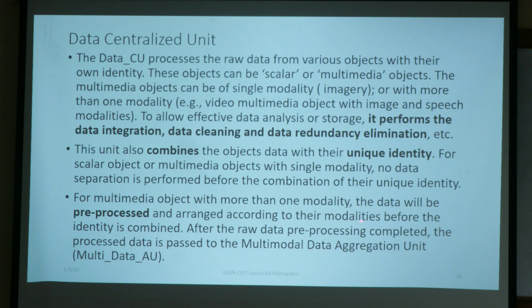So basically, first you give identity, then find the modalities, which have 2 objects or 3 objects, those kinds of things. Pre-processing is arrangement, organization of the data. After the raw data pre-processing, the pre-processed data is passed to the next level, called the multimodal data aggregation unit.